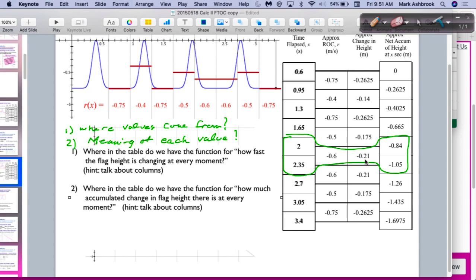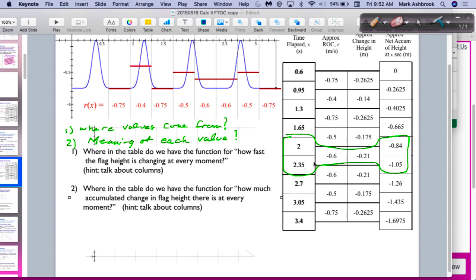So this is like a dy. This is like a little variation in height of the flag. And where does that come from? It comes from m dx, right? We got our constant rate, and we've got our 0.35 change in time. So we multiply them, and we get the contribution in this time interval to the decreasing height. So the flag is going to go down 0.21 meters, approximately, in that time interval.